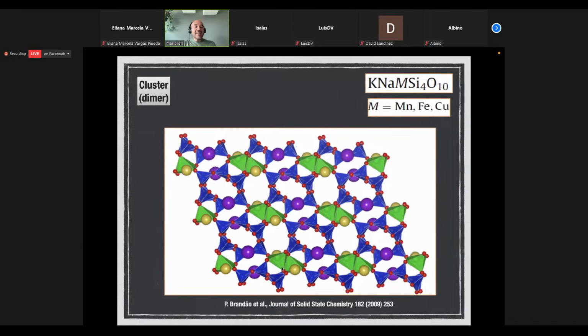You can see here it's a sea of dimers. And this dimer does not interact magnetically with this other dimer. And to make a description of this material, we want to consider the dimer, because it's a sea of dimers.